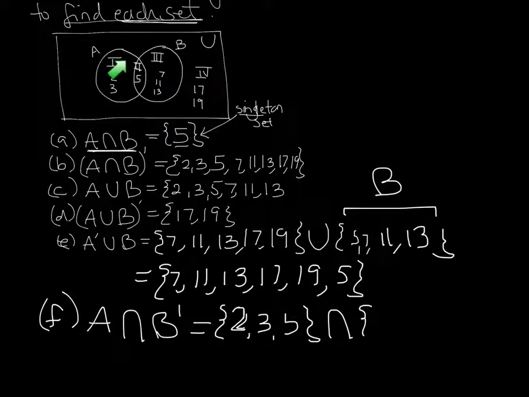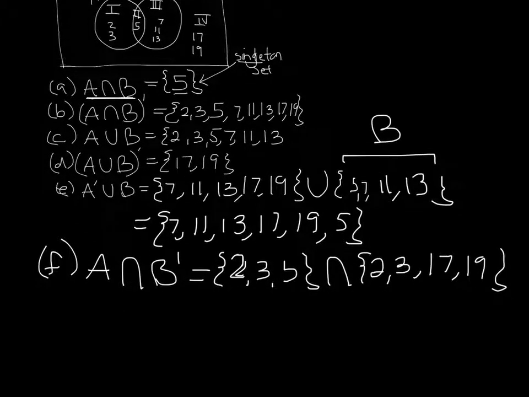We want everything outside of the B circle. So that's 2, 3, 17, and 19. And we're almost done.